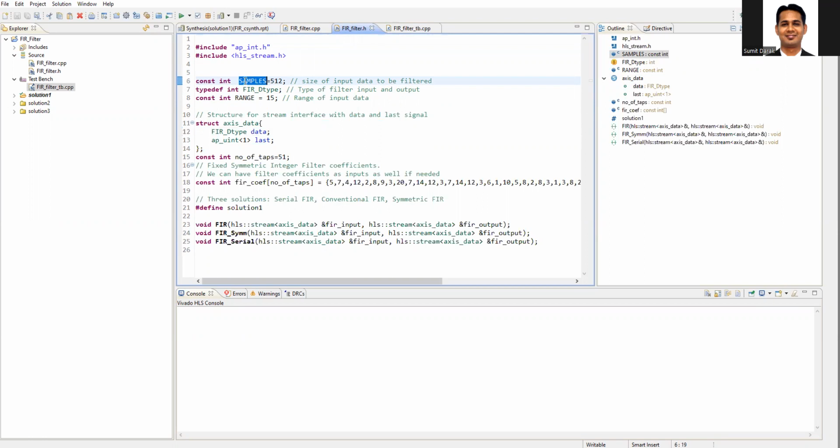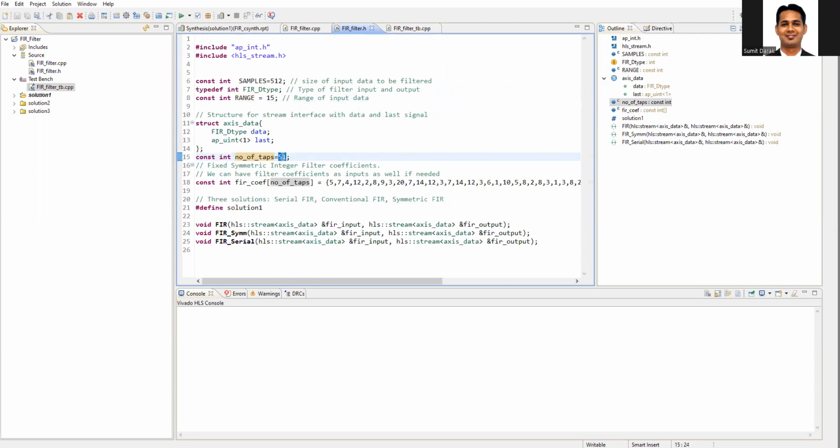So I'll receive the input data of size 512 samples. I'll filter those 512 samples to get 512 samples at the output. And here I'm mentioning that the range is from 0 to 15 integer value, though I'm not doing any word length optimization. I have defined the filter as a 51 tap filter.